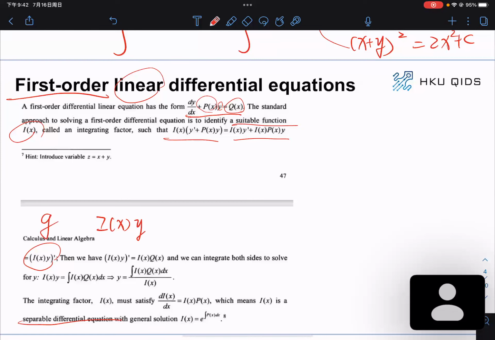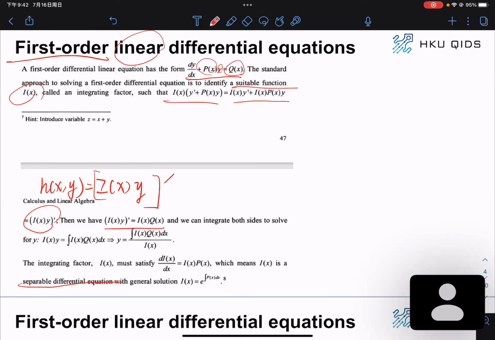If we call it, let's say, h(x)y, it needs to be combined as the first derivative of this h(x)y. And then in this case, we can see what is going to happen. This one is going to become a new separable differential equation, right? We can deal with it similarly to anything we have seen before.